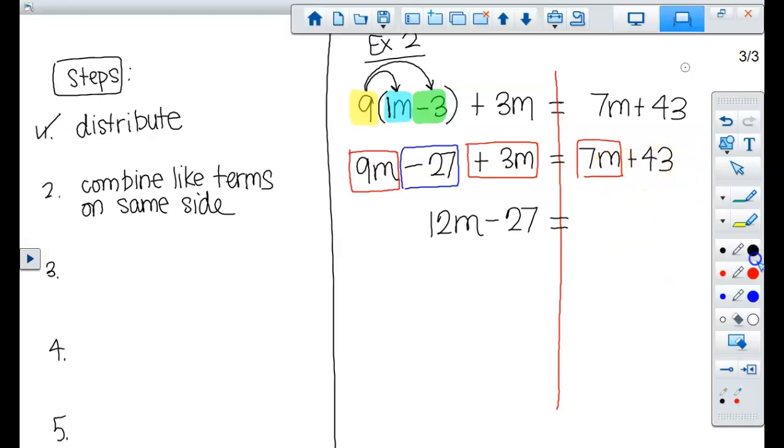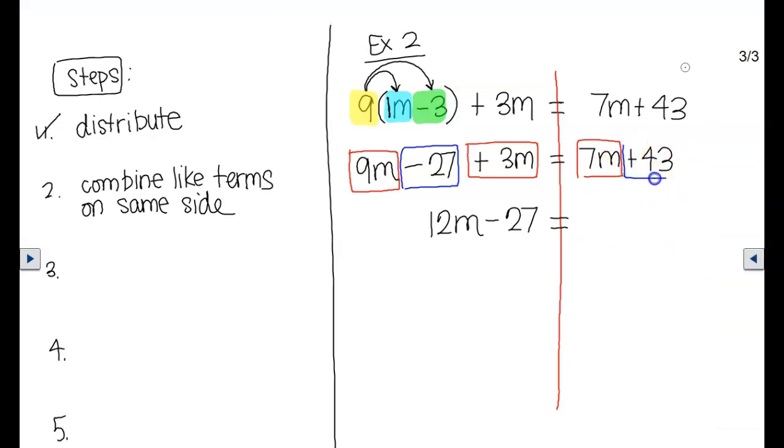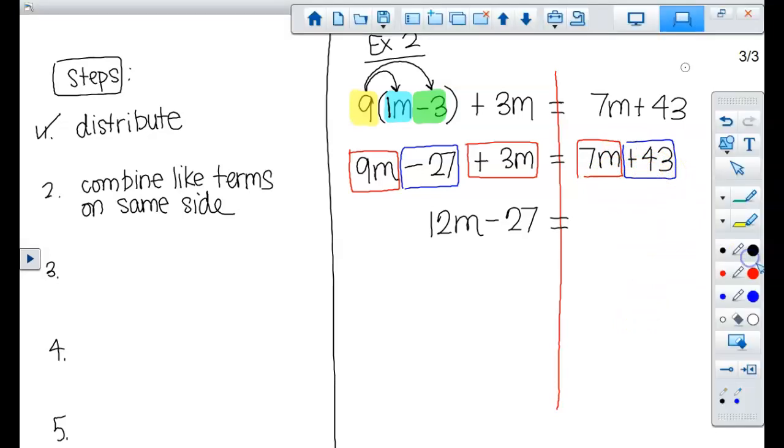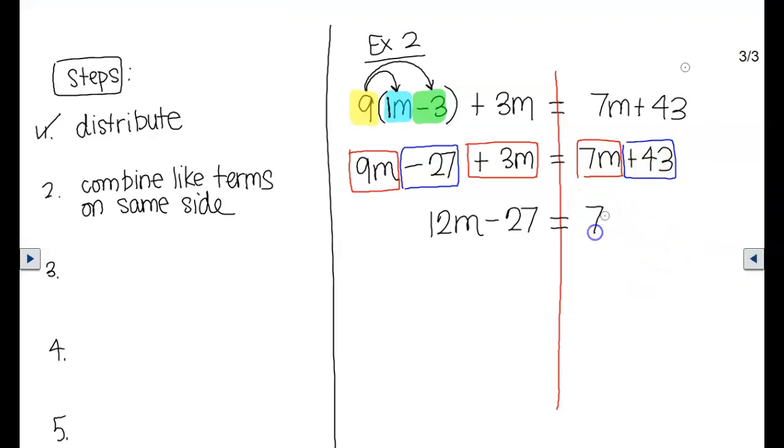Nobody else has an m. And we have plus 43, which doesn't have a variable. These aren't like terms, so there's no combining over here. There are no like terms over here, so we just bring down 7m plus 43. So I want you to notice what I did there. I did this side like terms, and then I did this side like terms. Do it on each side. Combine them if they're there.